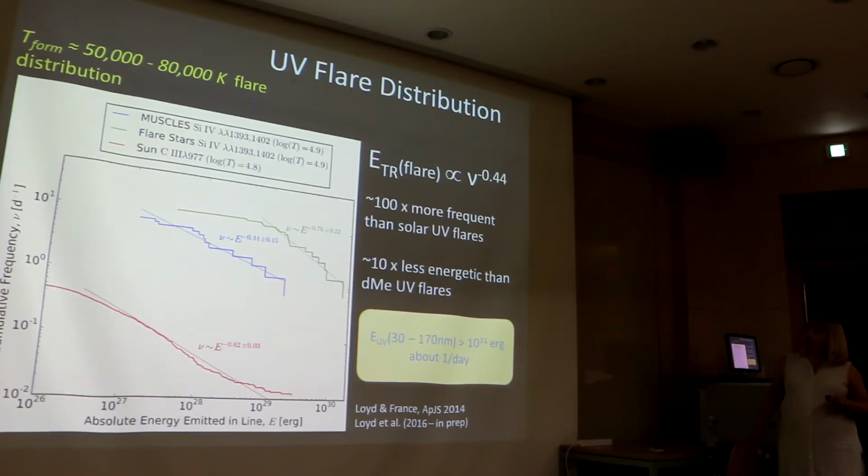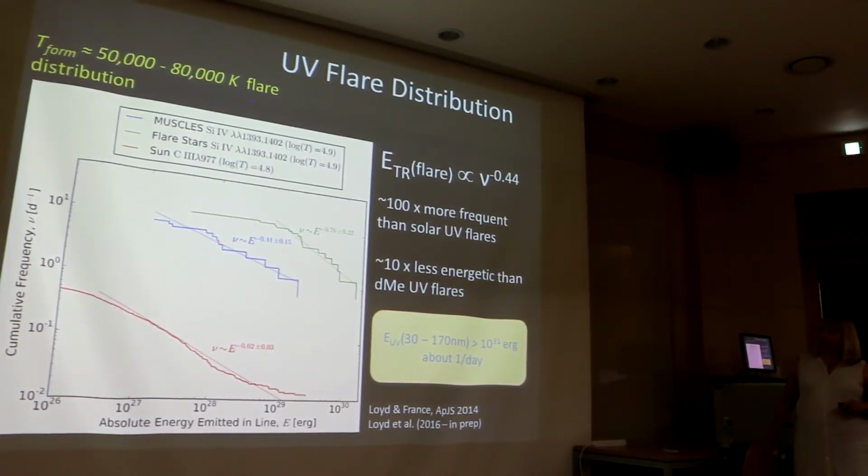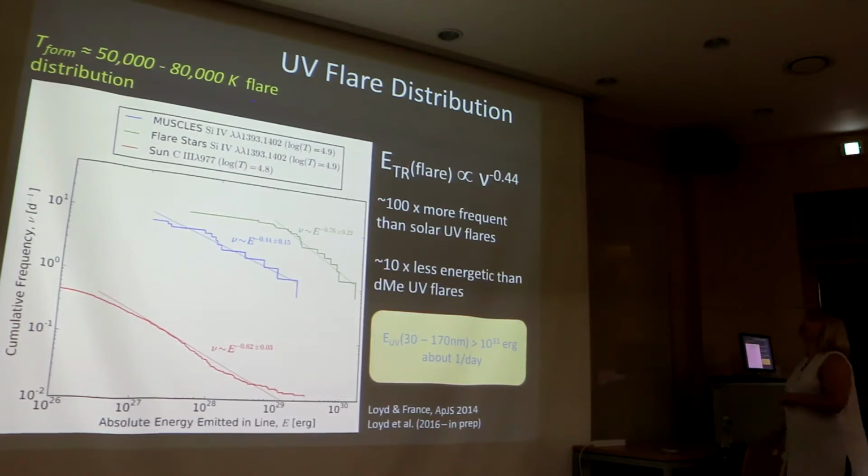What we find is that the flares are 100 times more frequent than the flares that you get from the sun. And while they're not as energetic as the most energetic stars, they're still within a factor of 10. What that means is that you can have energy in the ultraviolet at 10 to the 31 ergs being deposited into the atmosphere of each planet at the rate of about 1 per day. So that's going to have a very significant effect on whether these planets can actually host life or not.